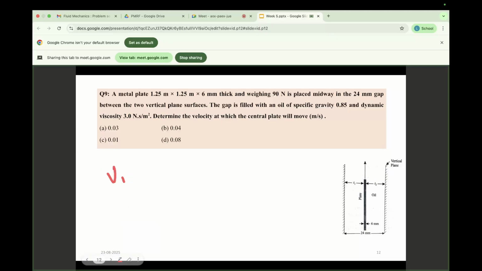So for this viscosity, from this Newton law of viscosity we know tau equal to mu V by H, right? So now since the fluid is moving, what can I write?